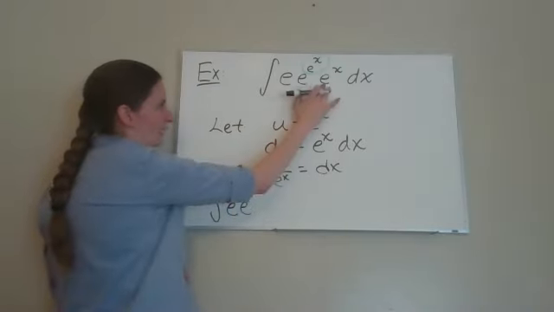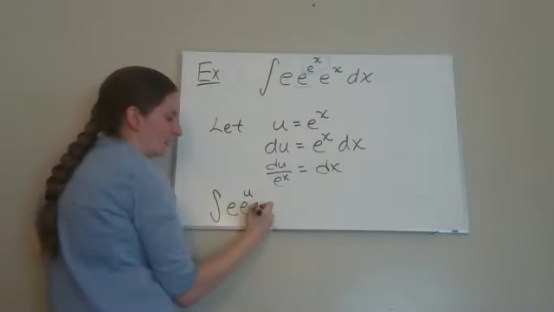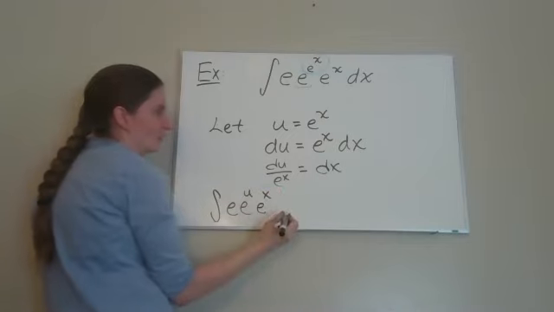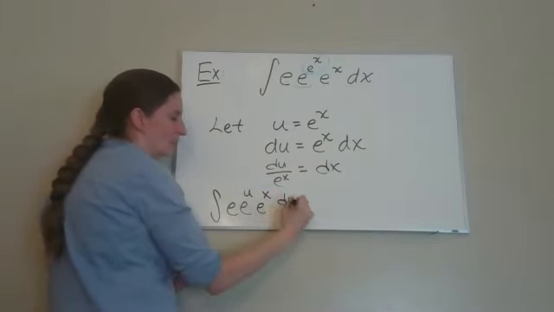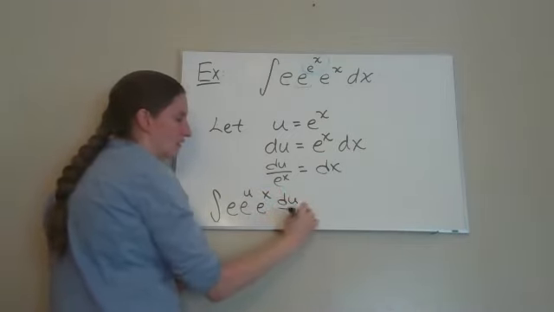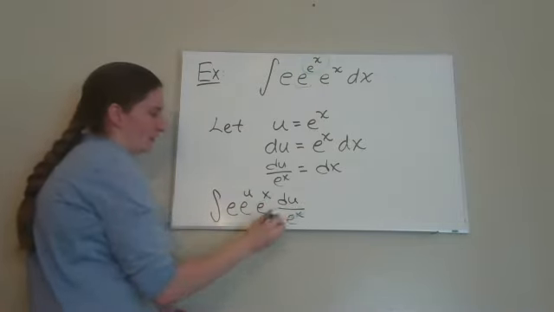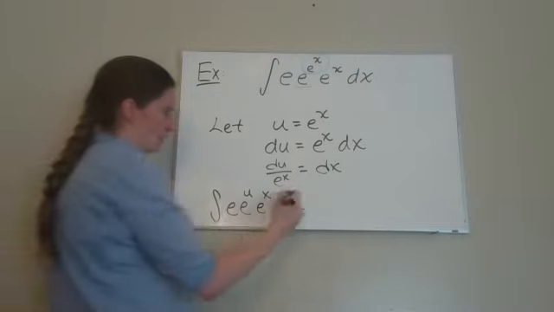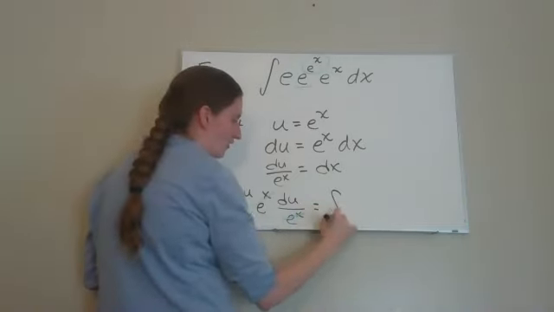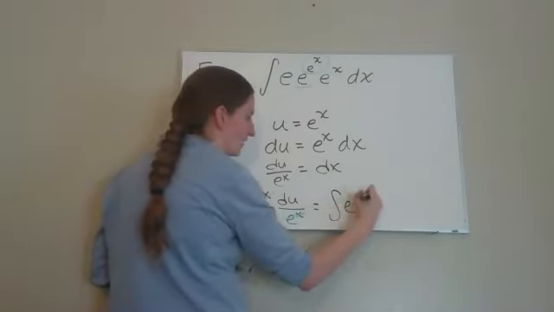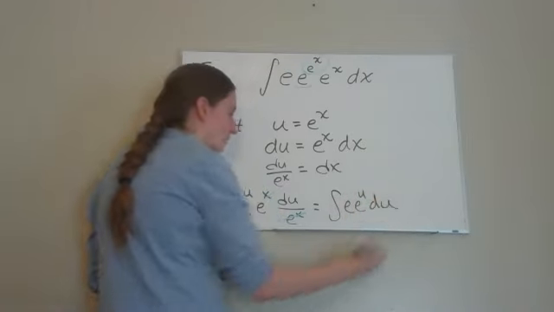And you might think, well, that's u as well, but I'm just going to leave that as e to the x, because then my dx is du over e to the x, and those cancel out.